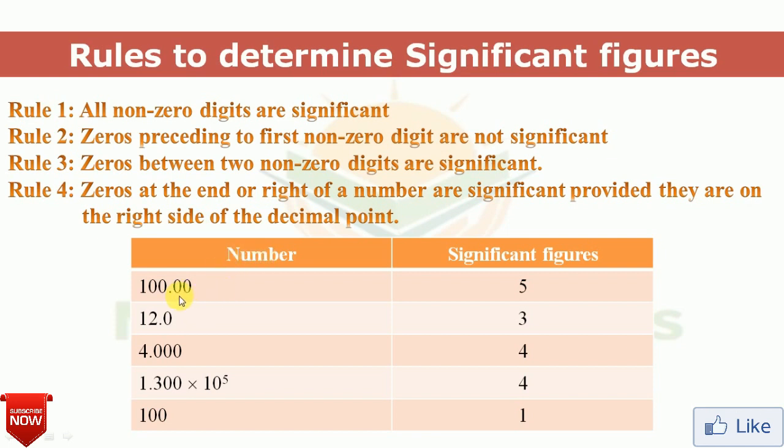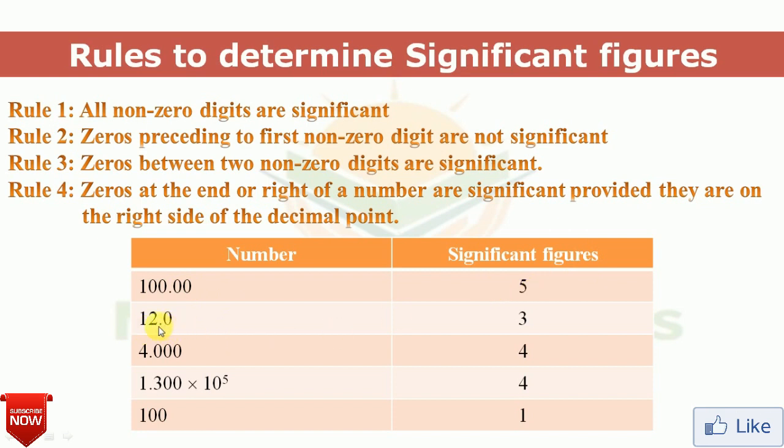So we can say that the zero after the decimal point is considered a significant number because it shows the accuracy. You are very aware of the weight balance. A weight balance having more digits after the decimal point has a higher value because it shows its accuracy. So in this case these 5 digits, 3 plus 2, are considered significant figures.